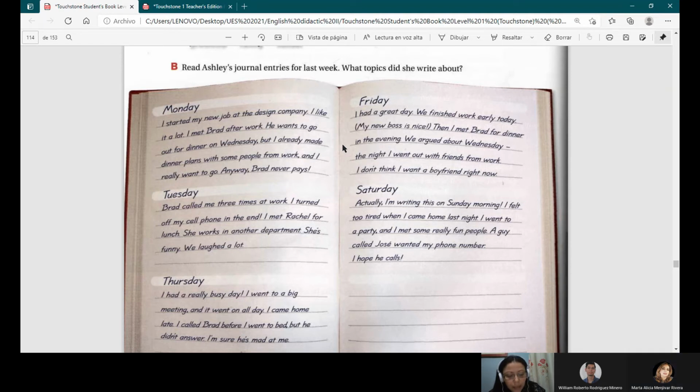Some verbs that we can see written in the journal: can you recognize on Monday one verb in the past, Marta or William? Yes, the first one is start. Good job.